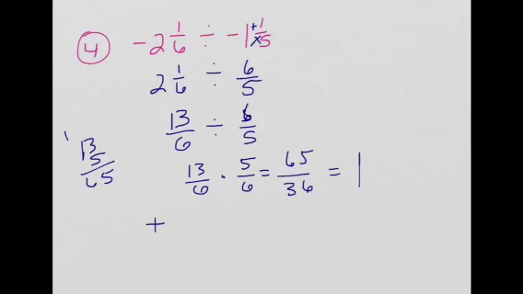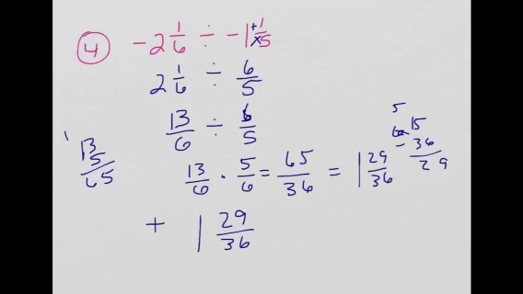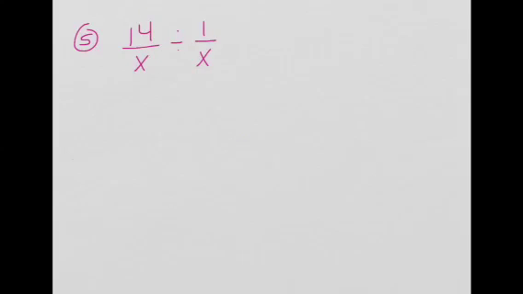So that's going to go in one time, and 65 minus 36 is going to be 29, so it's going to be 29/36. So 1 and 29/36. Now, let's look at what happens when we have some variables.